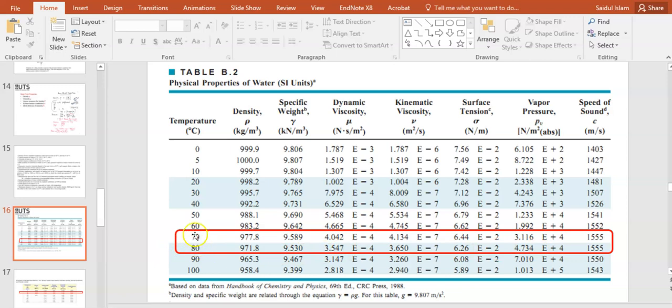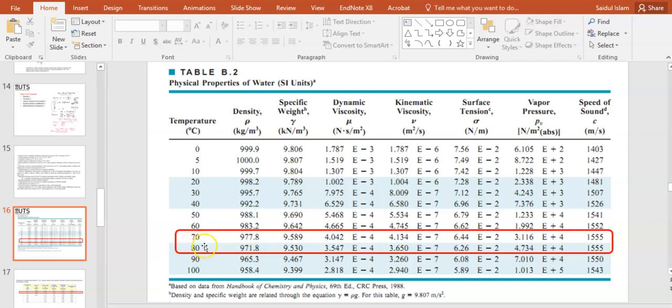So we get an idea from this table that our vapor pressure for 8000 meter altitude is in between these two values, and the temperature should be between 70 and 80. But we don't know exactly what the temperature is.